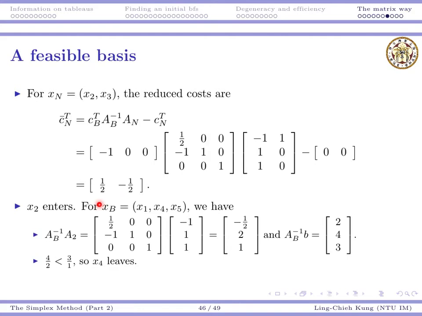And that exactly means you don't care about AB inverse A3. You don't need to calculate those 3 numbers below x3. But in Tableau, you need to first calculate every number, while using matrices, you only calculate those denominators when you have an entering variable. So if the matrix is pretty big, then this certainly can save you some time. But that's not the key point.